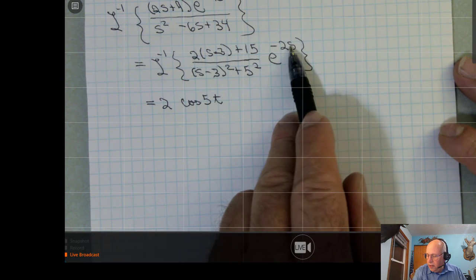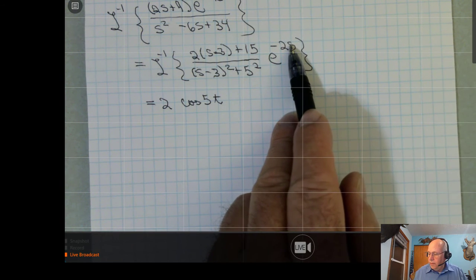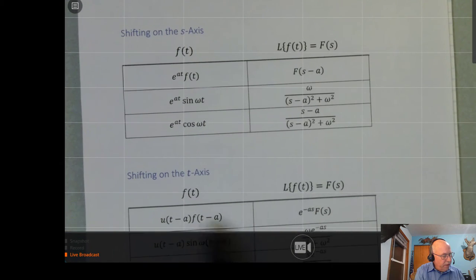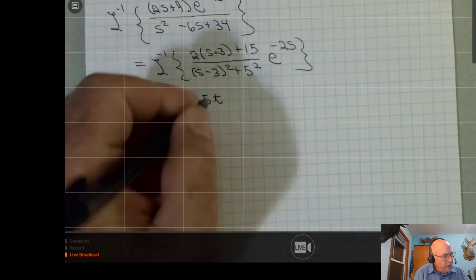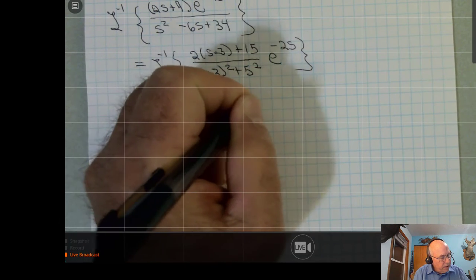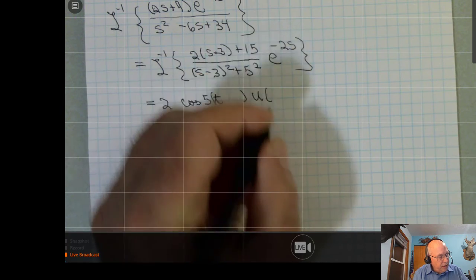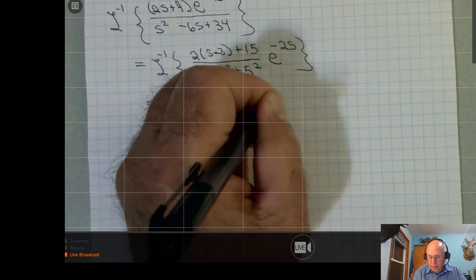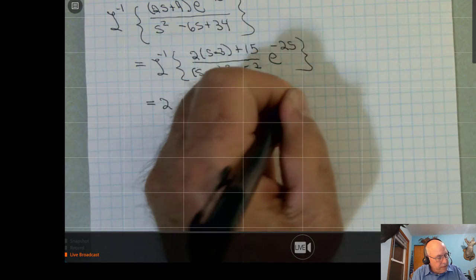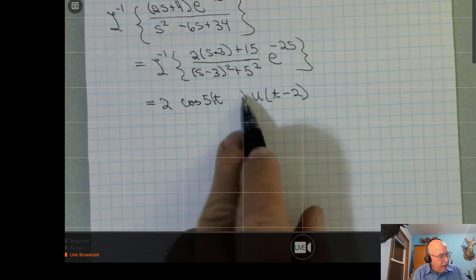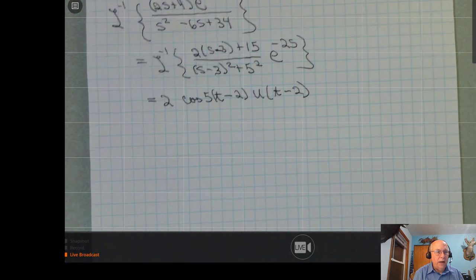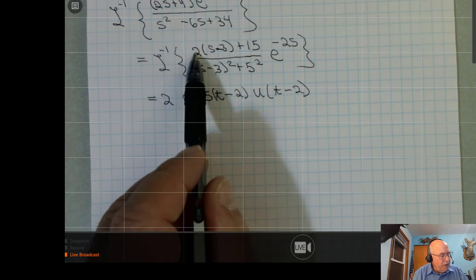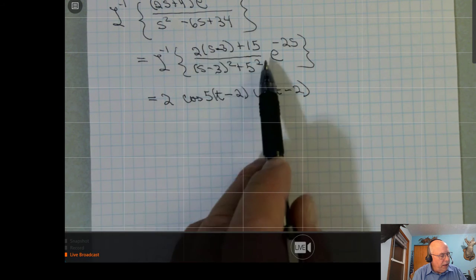This e to the minus 2s means that I'm going to have to introduce a unit step function and shift the cosine function as well. So that takes care of the 2, the s minus 3 over this.